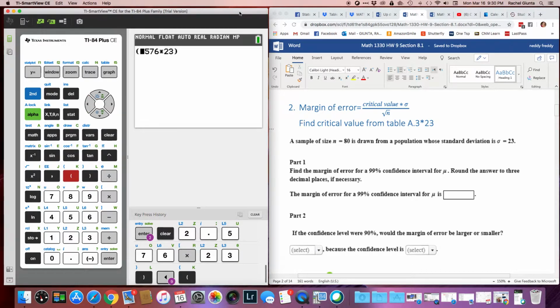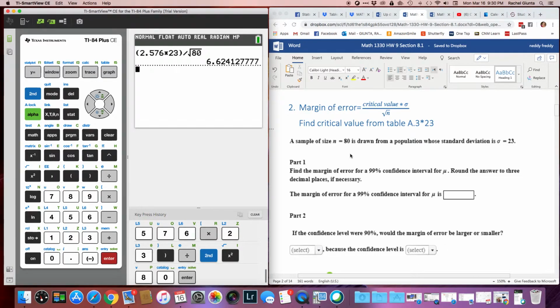That did not work. 2.576 times 23 divided by square root, which is the second button above the x squared, and then n is my sample size, which is 80. And so my margin of error is 6.624, because I want 3 decimal places.